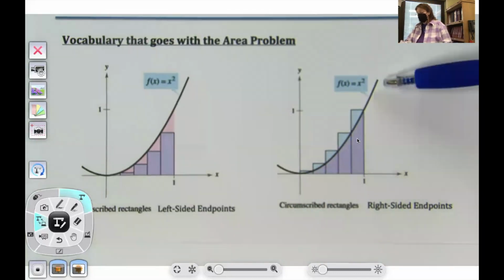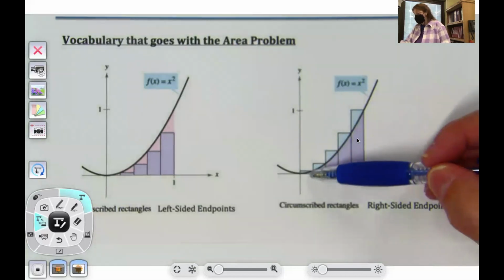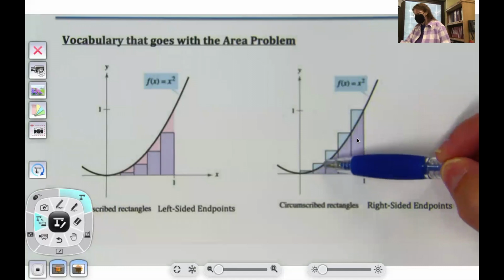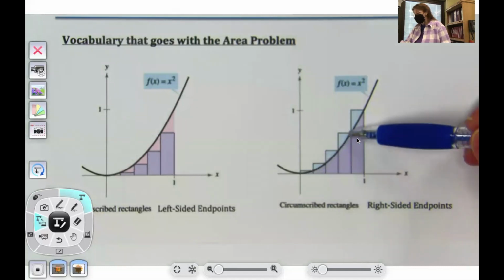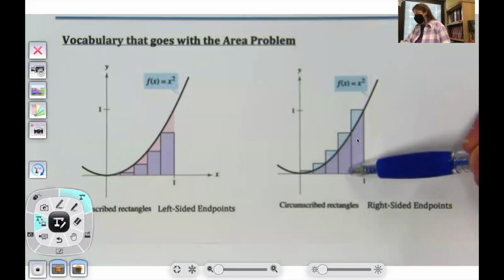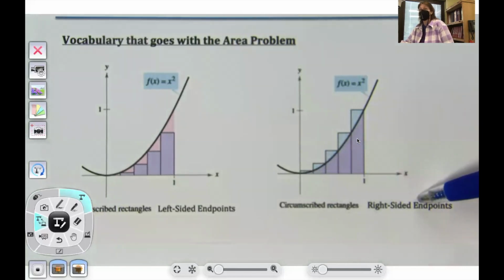Now, who says I have to use the left side endpoints? I don't, because I can draw those rectangles any way I want. If I take that exact same curve and draw a rectangle, but this time the top right-hand corner is landing on the curve, these would be called right-sided endpoints.